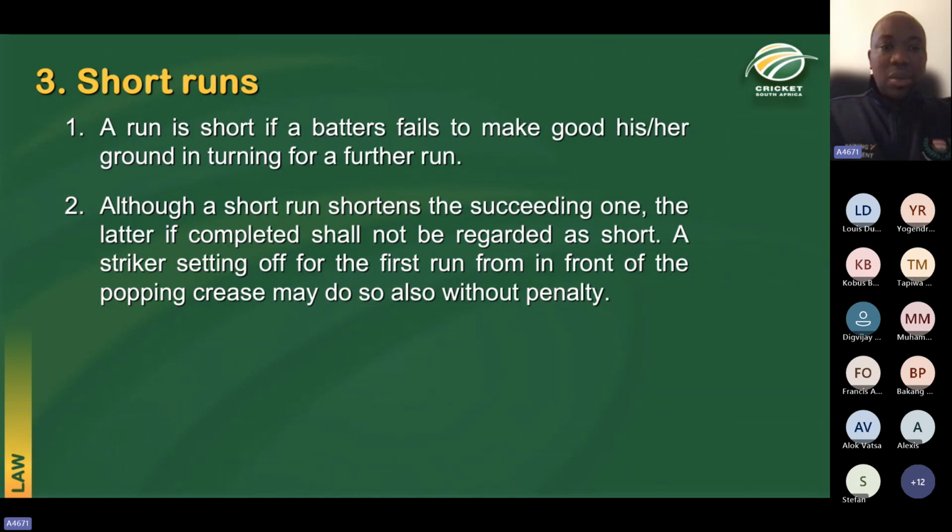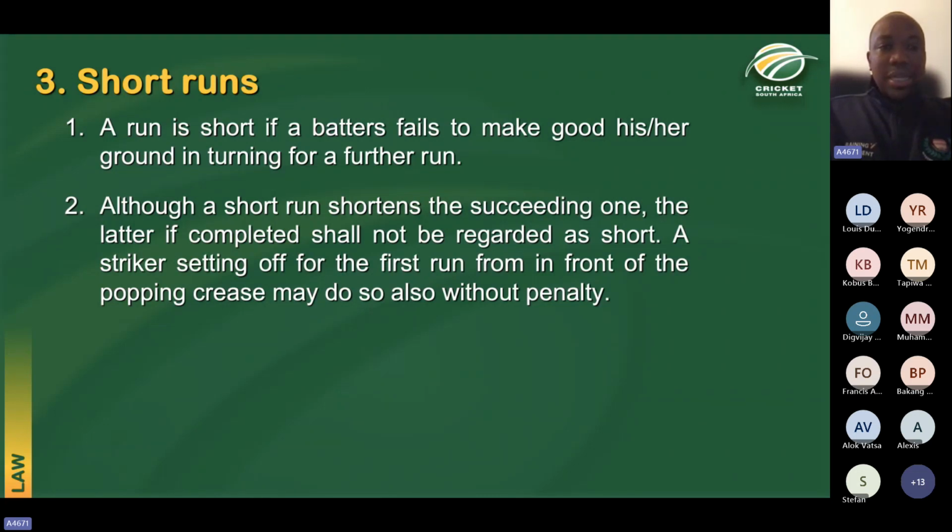A striker setting off for the first run from in front of the popping crease may do so also without penalties. Those of you who have watched him over the years will know that David Miller, the South African middle order batter, bats a good half a meter outside of his crease most of the time to seam bowlers whenever the keeper is not standing up to the stumps.